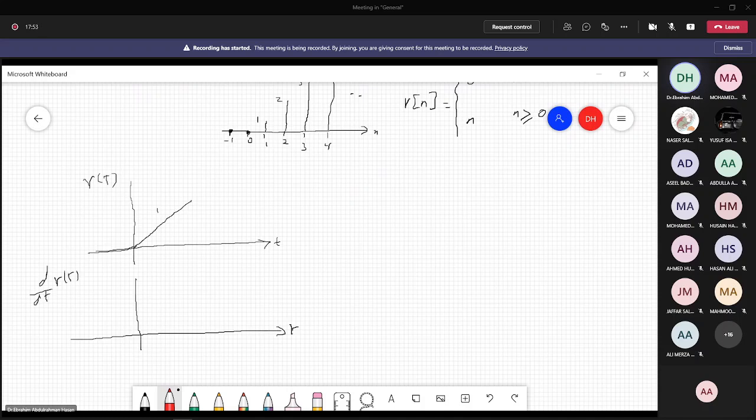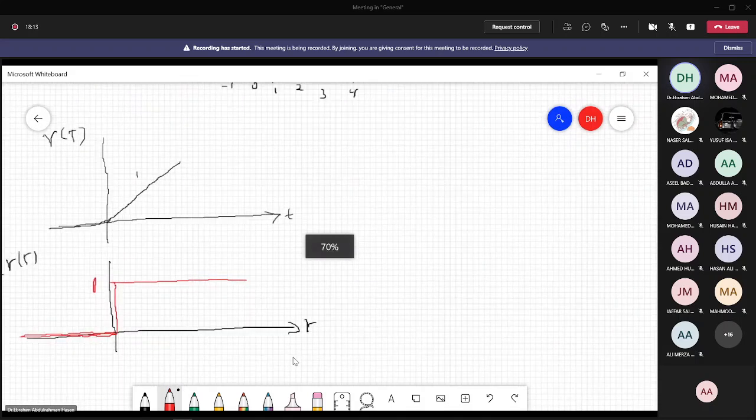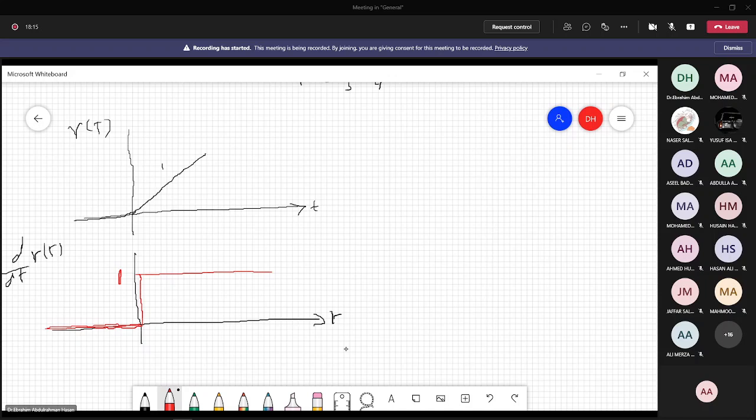Here it is 0, so I will get 0. After 0 the slope is equal to 1, so the derivative is equal to 1, so it will be like this. What is this one? This is u of t.